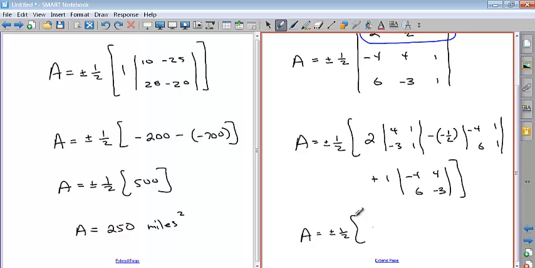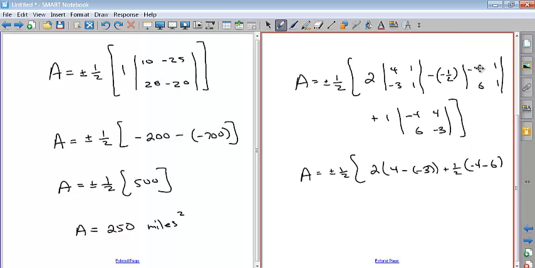So we have 2 times, so 4 times 1 is 4, subtract negative 3, and we get plus 1/2 times negative 4 minus 6. From that one, negative 4 minus 6 plus 1 times 12. Negative 4 times negative 3 is 12. Subtract 24.